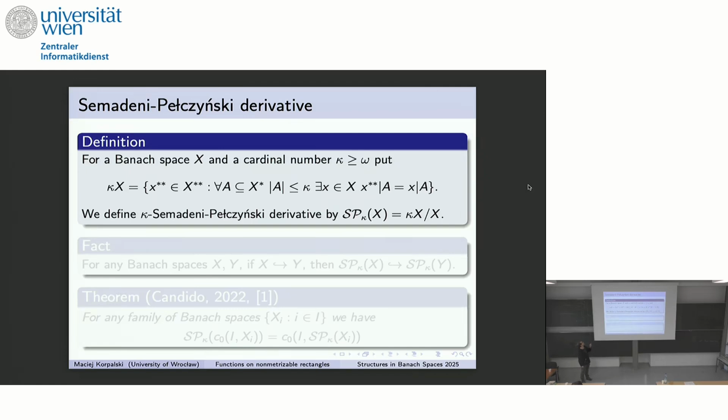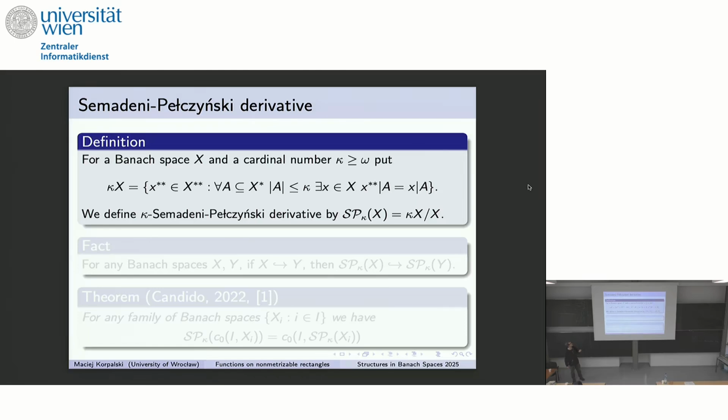It is to use, this is basically my name for this definition, the Semadeni-Pełczyński derivative. There was a paper by Candido a few years ago in which he introduced the Semadeni derivative. This is a very related concept, but the Semadeni derivative was using sequences, and I'm using subspaces of a certain density.